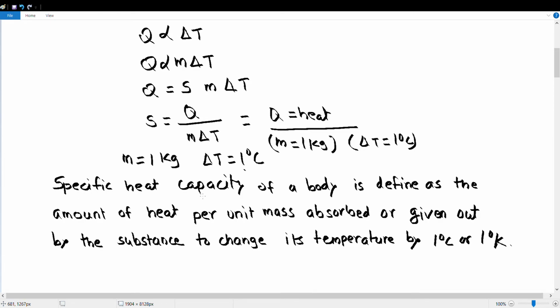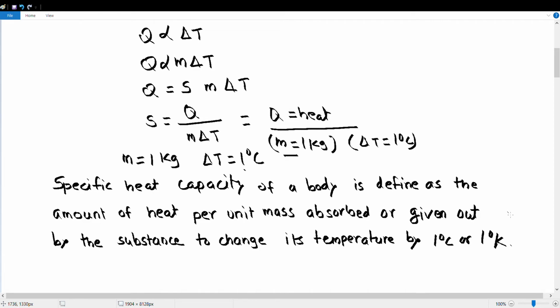Now again listen to the definition of specific heat capacity. The specific heat capacity of a body is defined as the amount of heat per unit mass absorbed or given out by a substance to change its temperature by 1 degree Celsius or by 1 degree Kelvin.